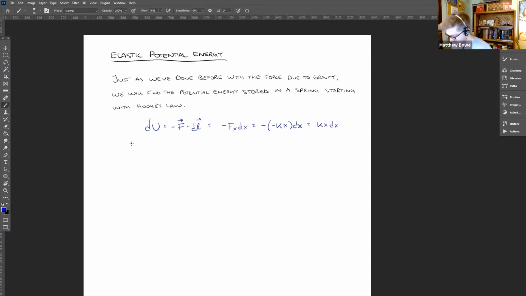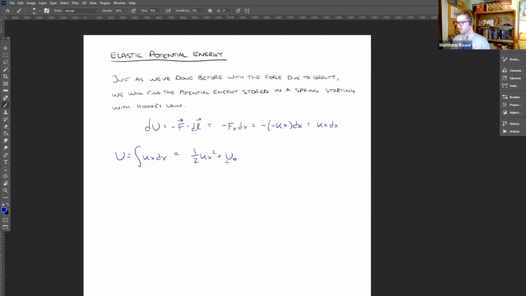Actually showing the integral this time, we'll say that potential energy is the integral of kx dx. All of that will equal 1/2 kx squared plus some potential energy constant.